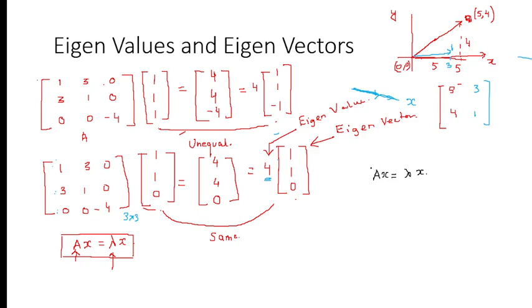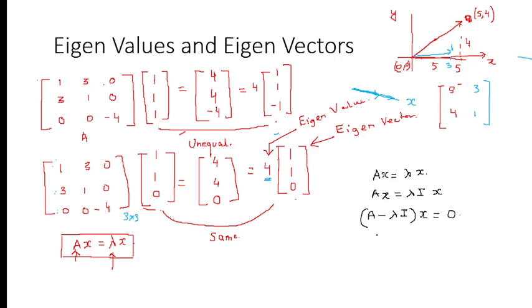Depending upon the dimension of A, we multiply with an identity matrix. Because the identity matrix is always 1, it doesn't change the overall result of our system. So this will be x. Now the dimensions are matching, so you can do the operation. So (A minus lambda I) into x will be equal to 0.